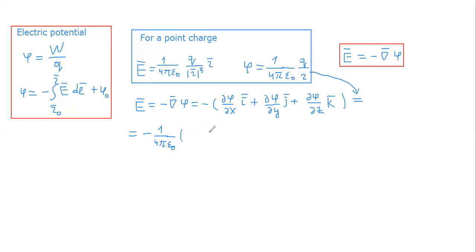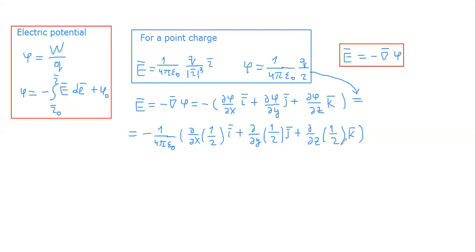Here, open bracket, d by dx of 1 divided by r, i plus d by d y in brackets 1 divided by r, j, and sorry, the vector sign is necessary to be written, and plus d by d z in brackets 1 divided by r, k.